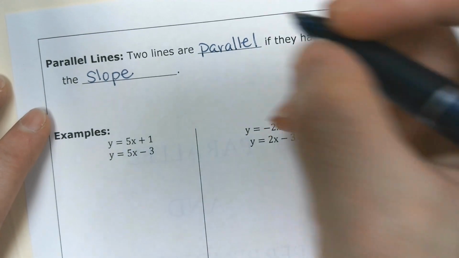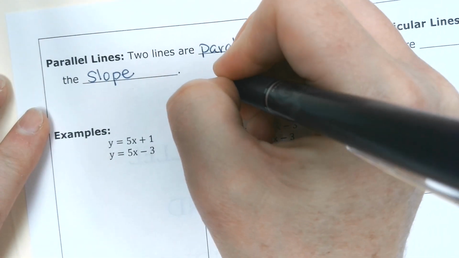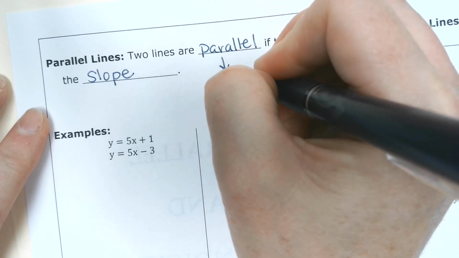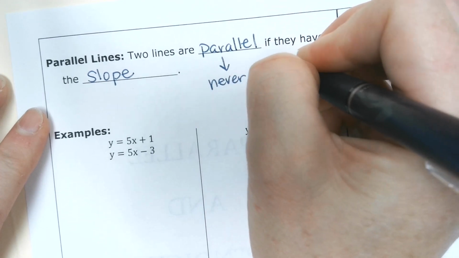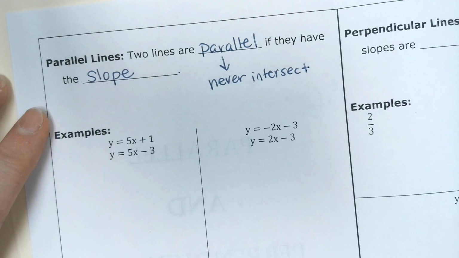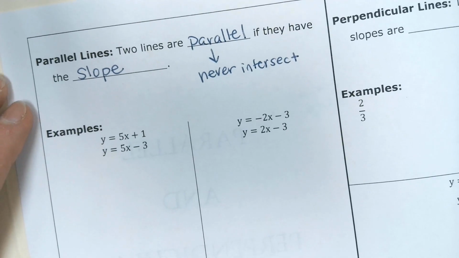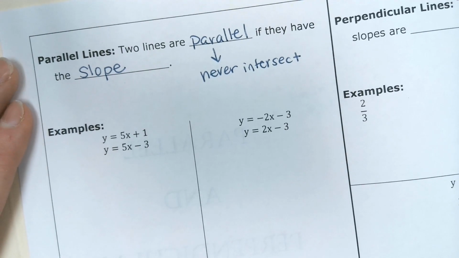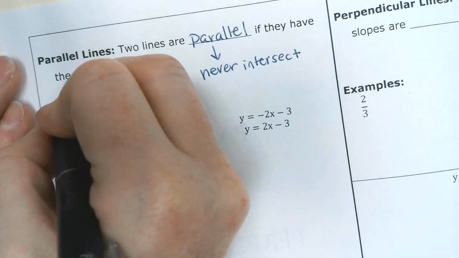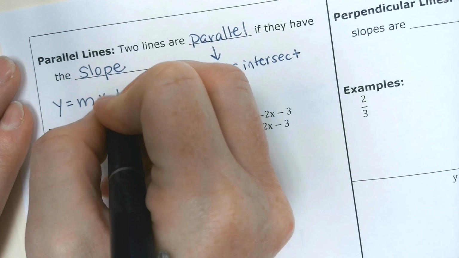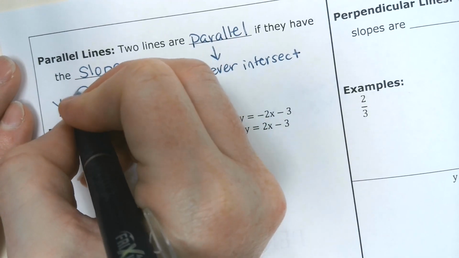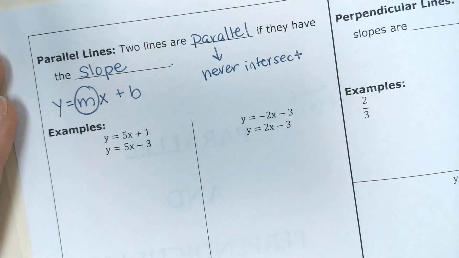Parallel means never touch, never intersect. So the way we know is you're going to make sure that it's in y equals mx plus b, and you're going to look at m, which is the slope.